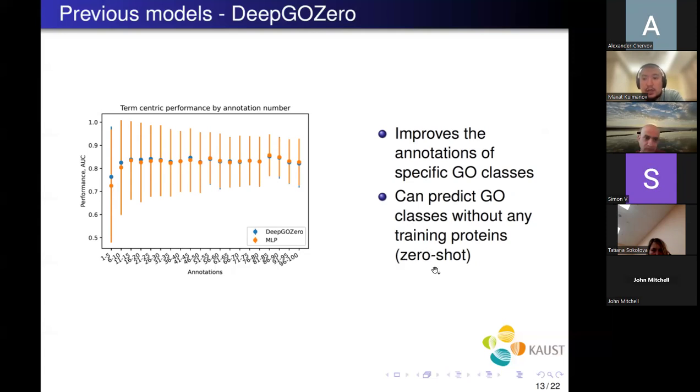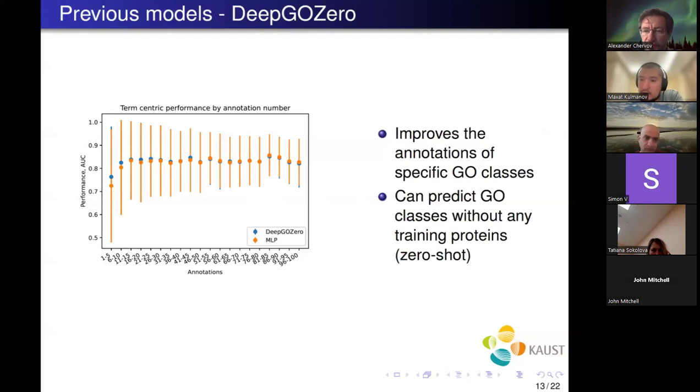But here, since we have this background knowledge in gene ontology, and we know that some of the classes are related to each other, we can predict annotations even for them. I forgot to include this figure here, but if you want the details of the zero-shot predictions, there is more information in the paper.